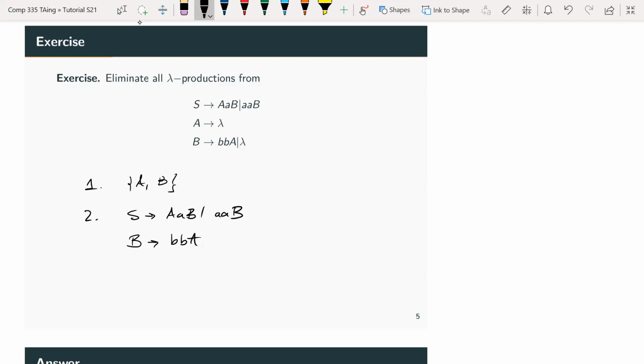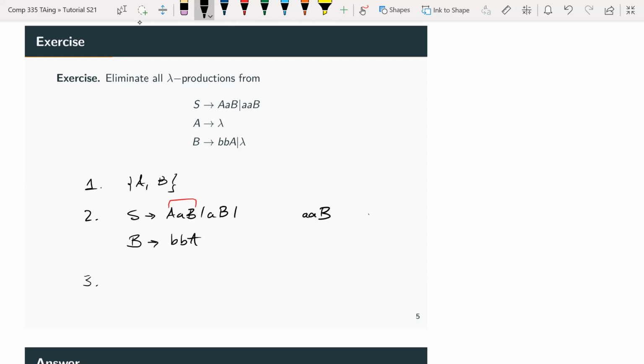So next, the next step is using the nullable variables. Do this method that I showed, where you need to list all possible replacements, right? So here for this production rule, A and B are both nullable, so they can both be replaced by lambda. So the additional production rules that are going to result from that are: if I replace capital A by lambda, I'll get AB.